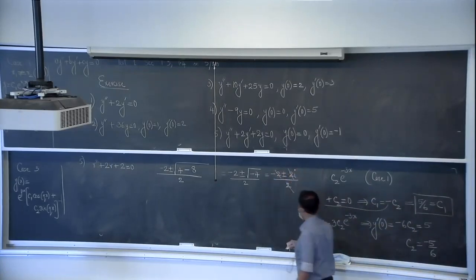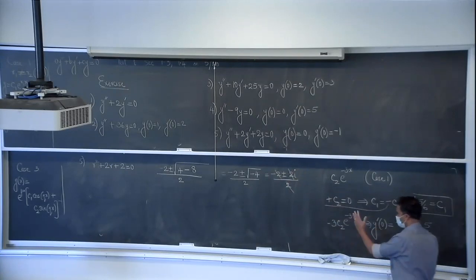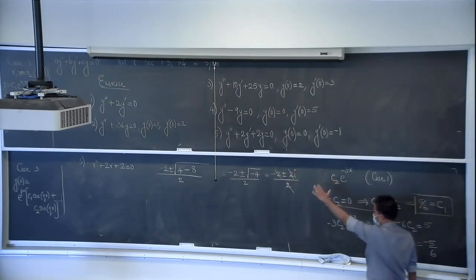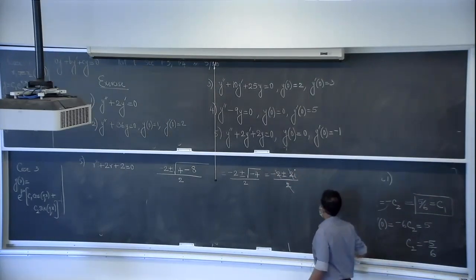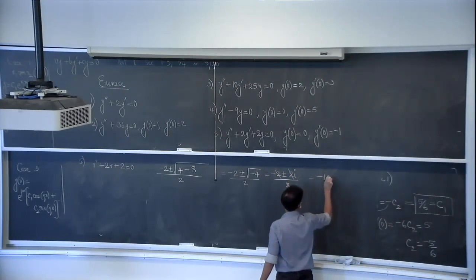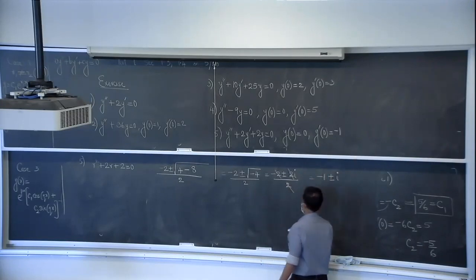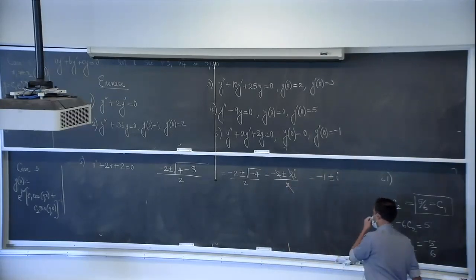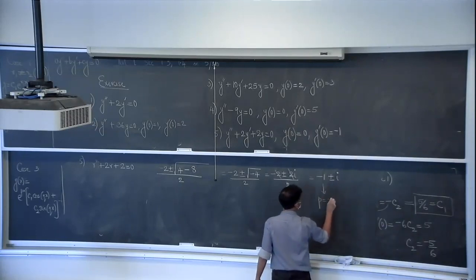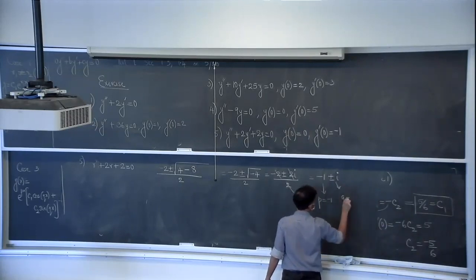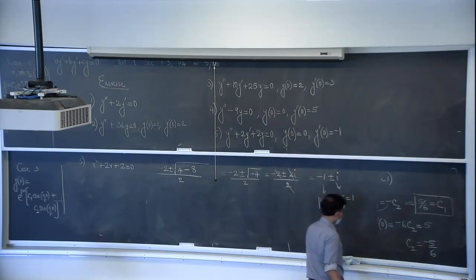I think I showed you this once: if you're canceling something, cancel everywhere or nowhere. And that's equal to negative 1 plus or minus i. So p is negative 1, q is 1, not i.